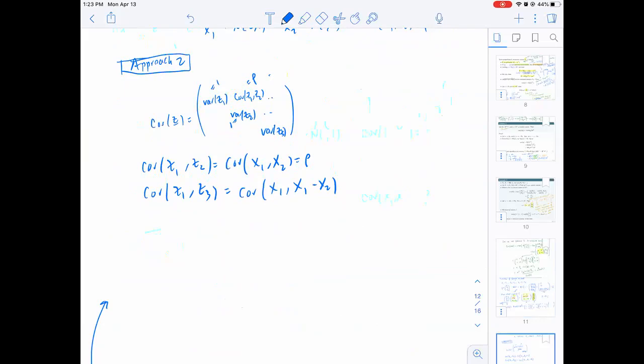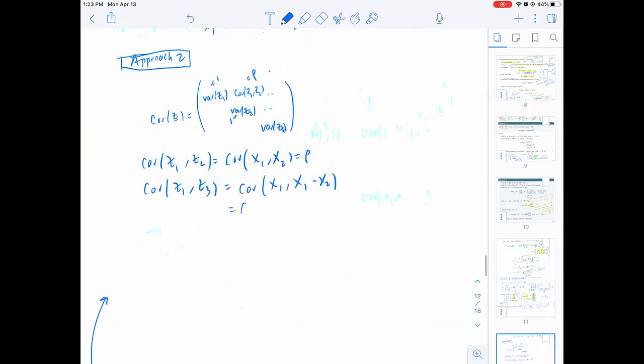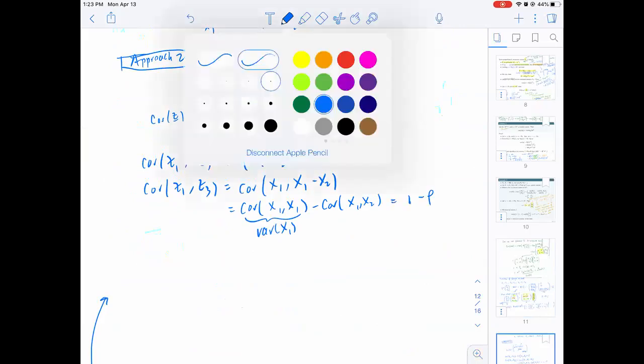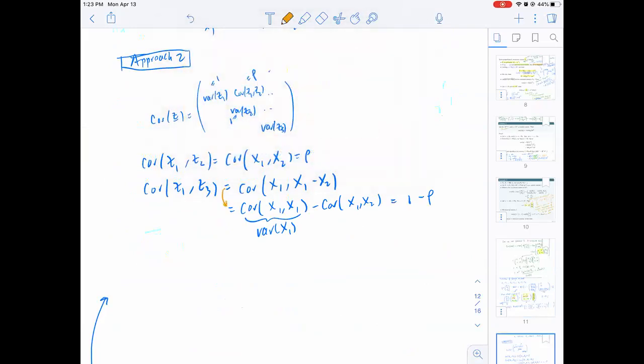So how do you compute this directly? That one is covariance X1, X1 minus covariance X1, X2. Covariance X1, X1 is the variance of X1, so that would be 1 minus rho. Why did this step hold?